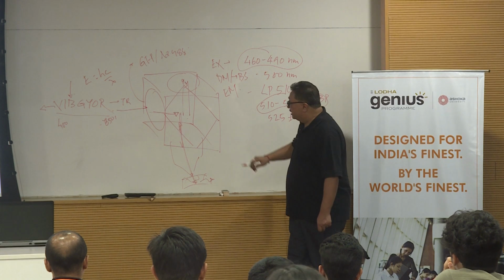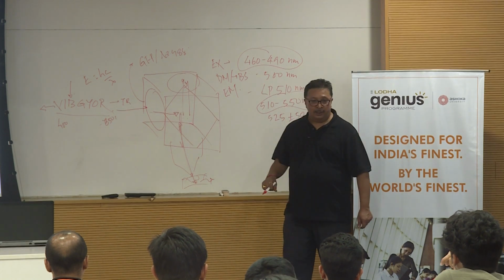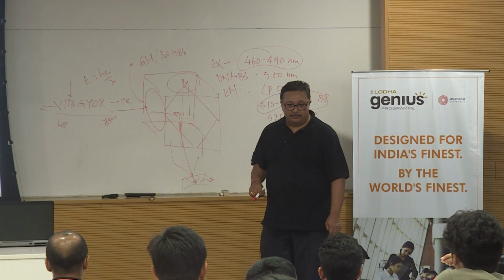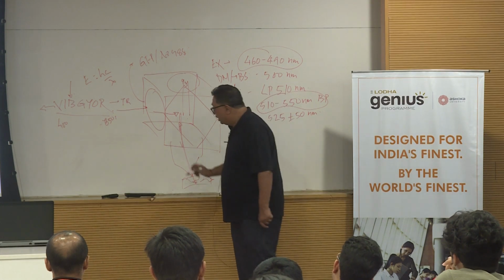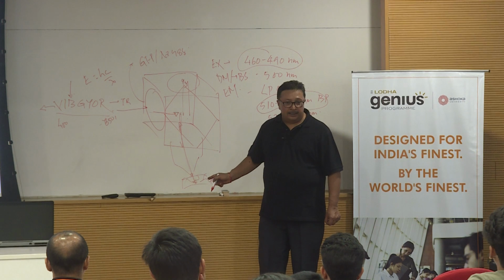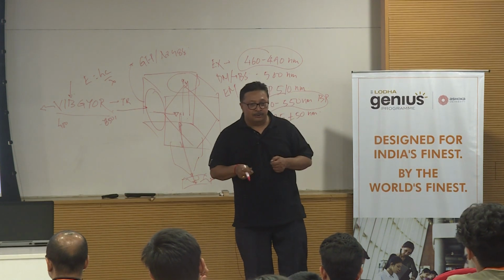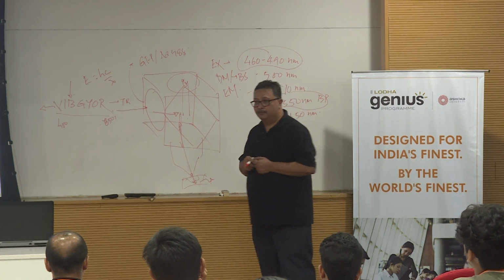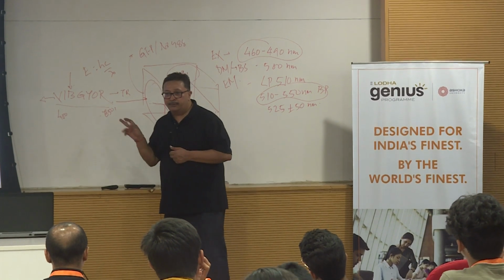Now when I say 510 to 550, what color is that? So you excite your sample with what color? Blue light. The emission that you collect in your eyes is what? Green. Got the concept?